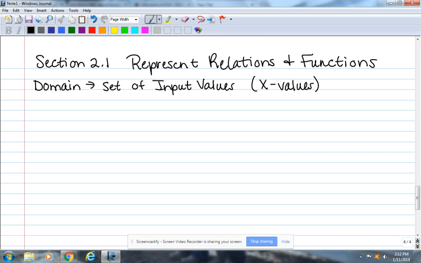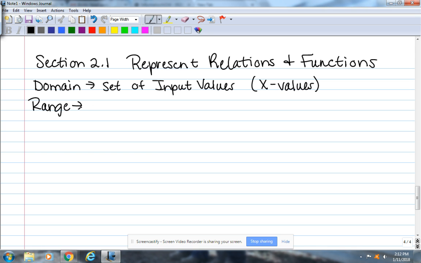And what else do we have besides domains? What's the other one? What goes with domain? Do we know? We ever heard of domain before? I know we have. So the other word that goes with domain is range.